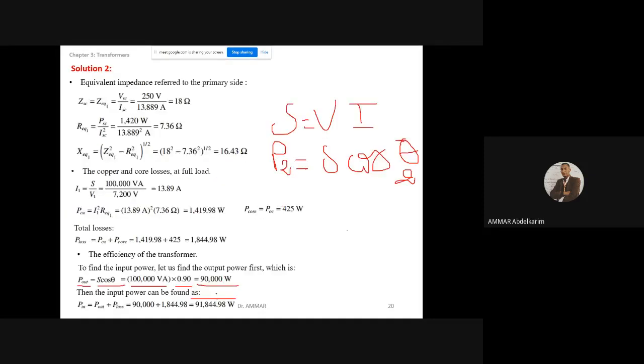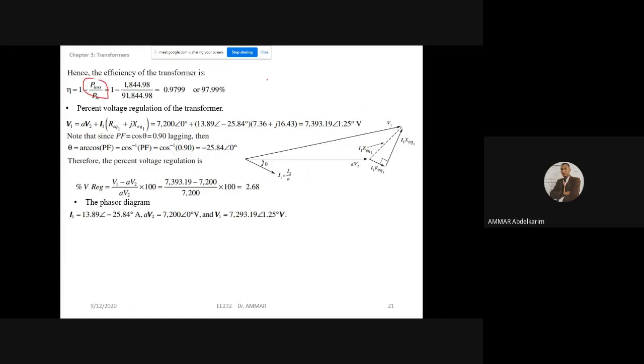This is another expression: output power over output power plus the sum of losses.